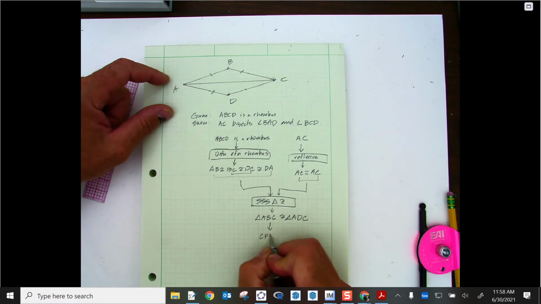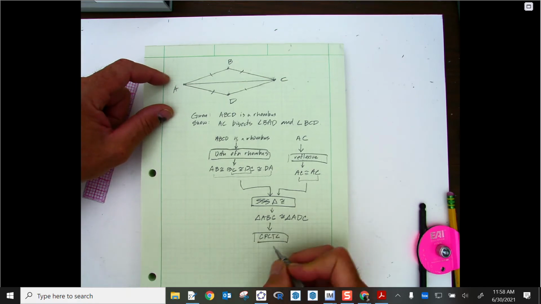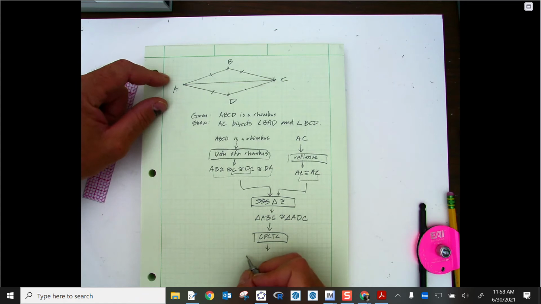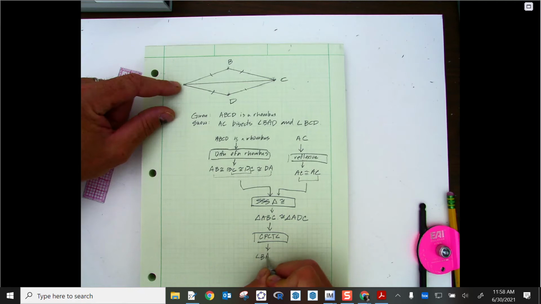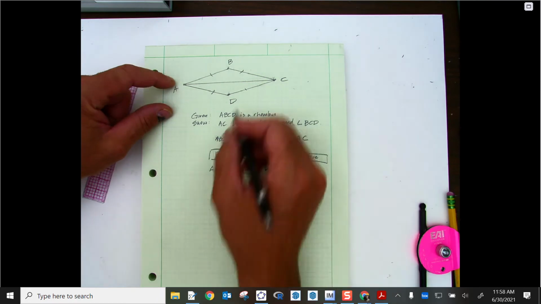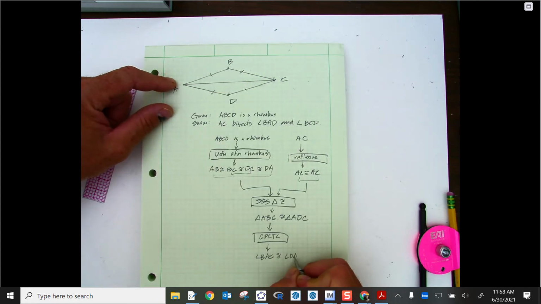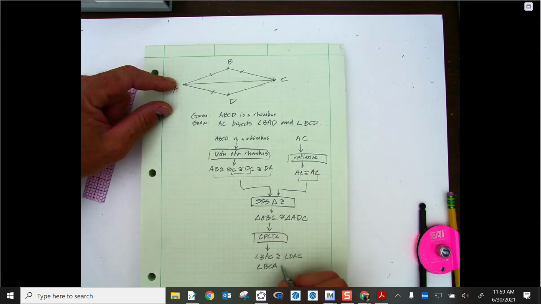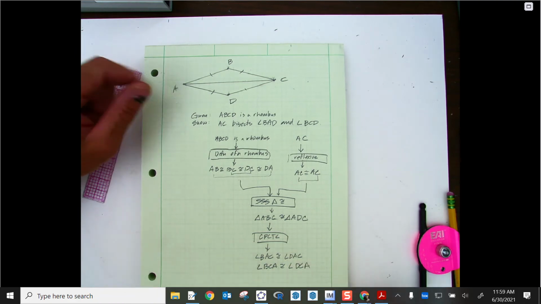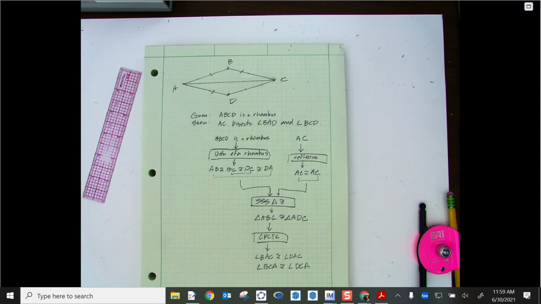Well, by CPCTC, BAC is congruent to DAC, and BCA is congruent to DCA. And that's really what we wanted to show. So pretty neat that that works out.